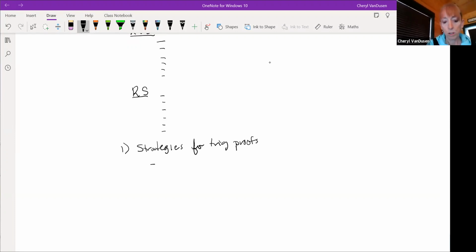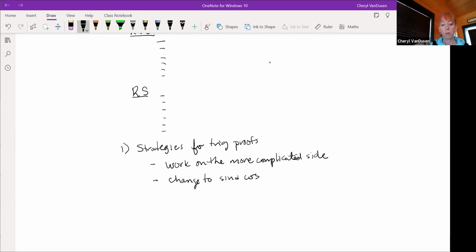One strategy is to work on the more complicated side. Another suggestion that works really well most of the time is to change to sine and cos. If you look at your formula sheet, you'll notice that a lot of the identities have sine or cos interspersed in there. So sometimes that's a really good way.